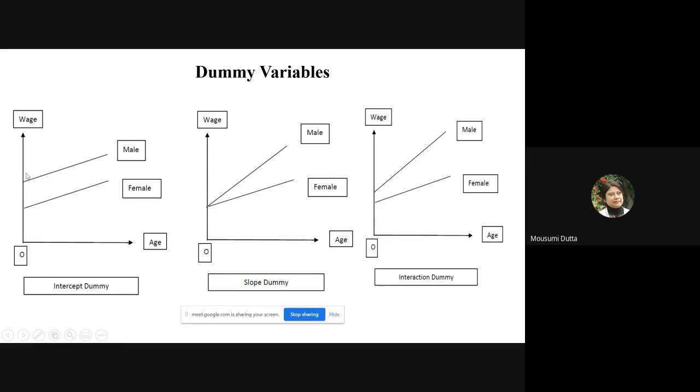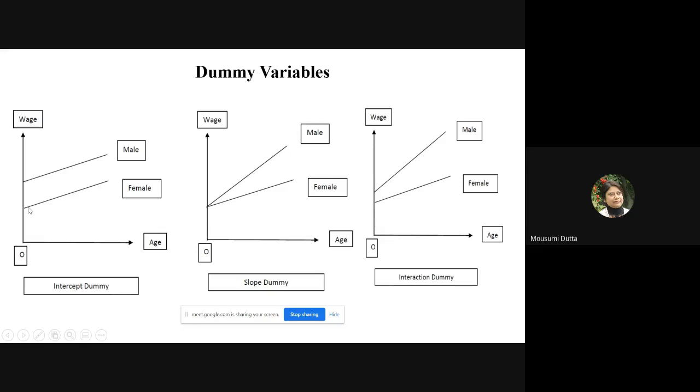In this case, we may find that the starting point of wage is different for male compared to female, or it may happen that their starting point is the same. However, as experience increases, the rate of growth in wage for male is higher compared to that of female, or we may get both. Their starting points are different, as well as the rate of growth.